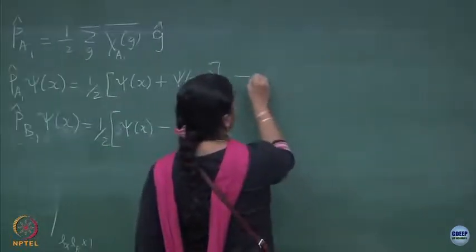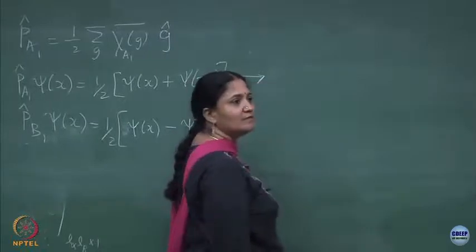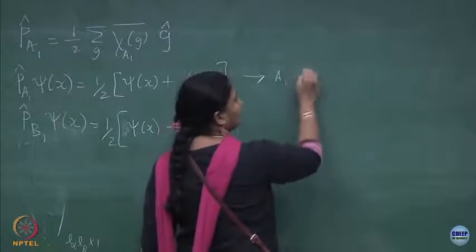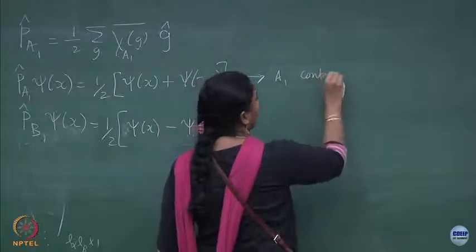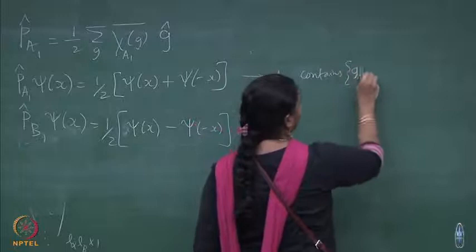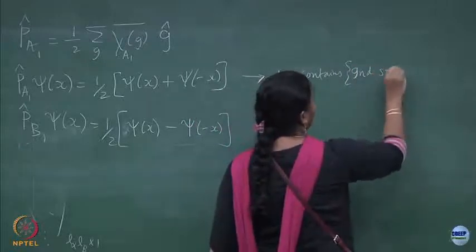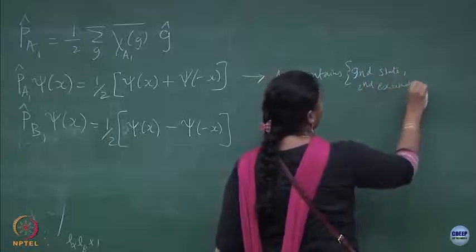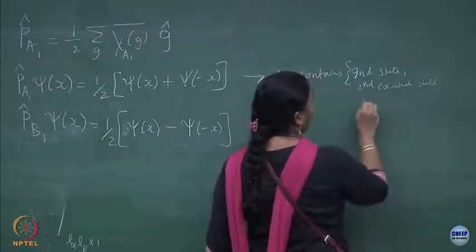So the even wave functions, A1, contain the ground state, second excited state, all even ones.